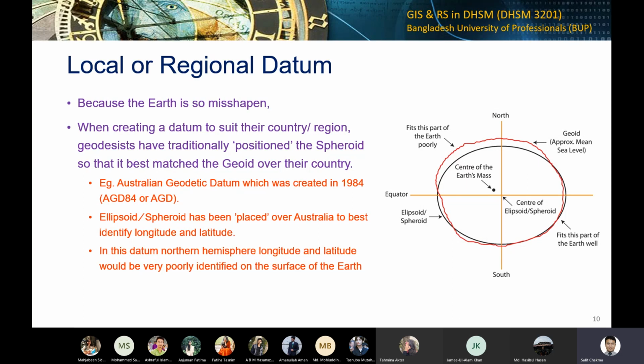At the same time, if we think about the Indian subcontinent, it is highly dependent, and you will see today, on the Everest 1830 datum. Okay, so this Everest 1830 datum is a datum developed for the surface of the Indian subcontinent.